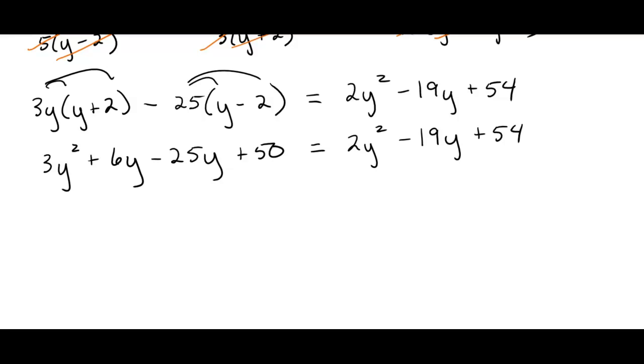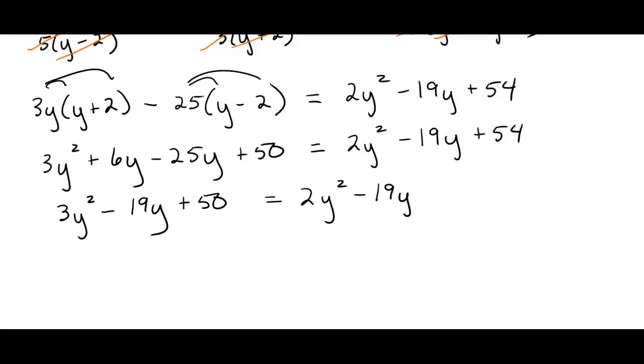On the left-hand side, there's some like terms I can combine, so I'm going to go ahead and do that. 3y squared minus 19y plus 50. Okay, make sure I did that right.